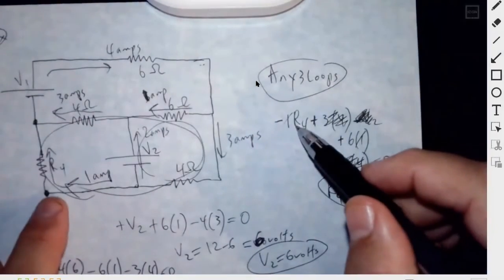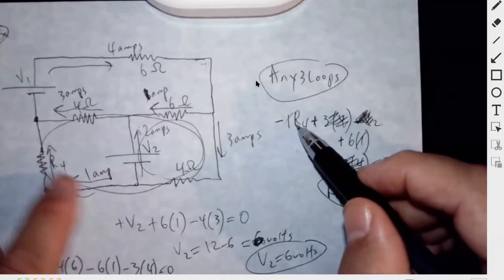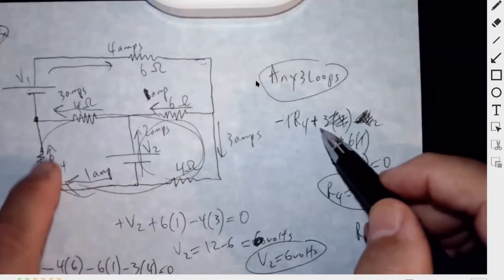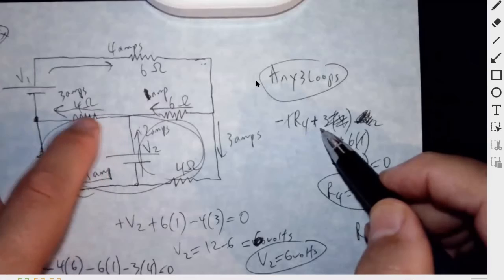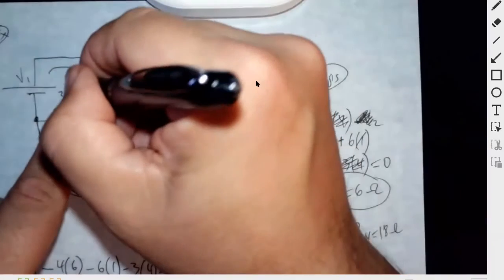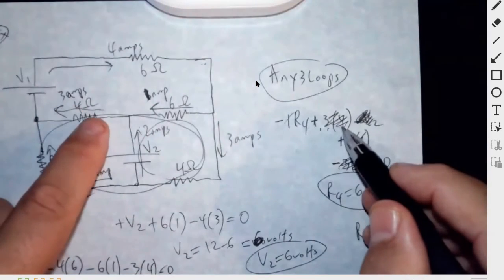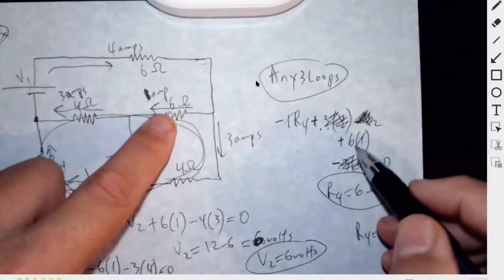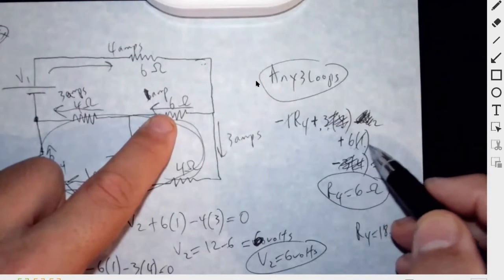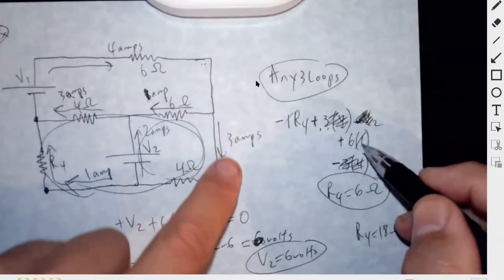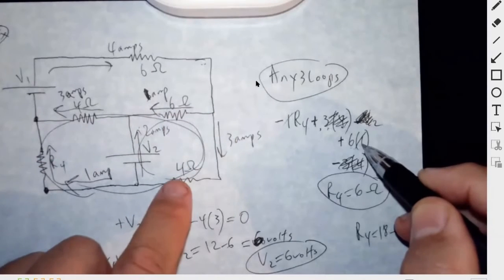I did this one here. So I started here, and I said -1 times R4, and then I gained 3 amps. Here the current was 3, so I gained 3 times 4, and I gained 6 times 1. Then I went down this way. I lost 3 times 4.